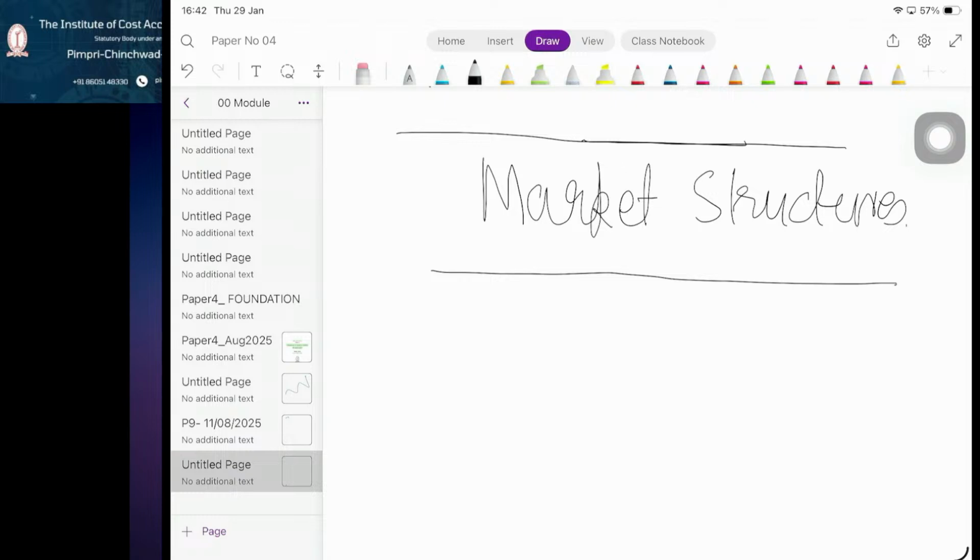What are the main market structures in economics? Try to recall from memory. Online students, you also try to write it down without looking back at the notes that we have written. Make a recall of the 4 market structures.